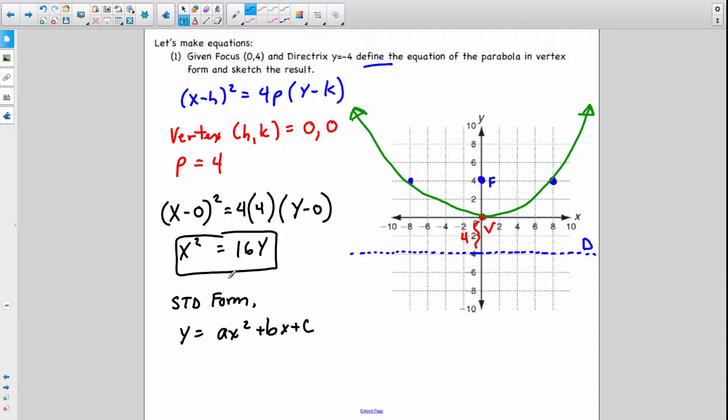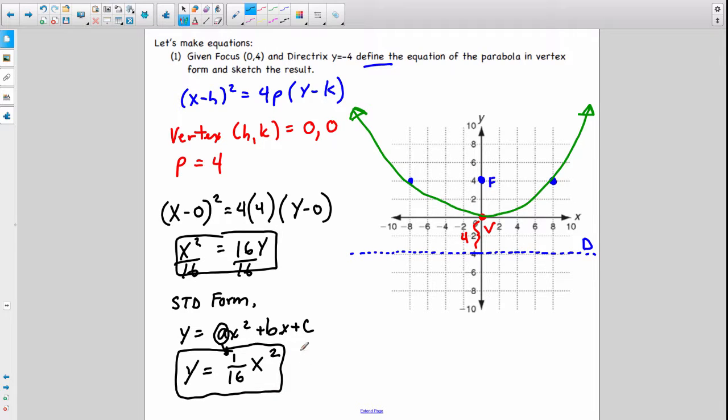Well, we're just going to divide by 16. So this one's going to be y equals 1/16 x squared. So my a value is 1/16, my b is non-existent, so it's 0, and my constant is non-existent, so it is 0. So this is a very, very basic parabola, as you can see from this standard form.